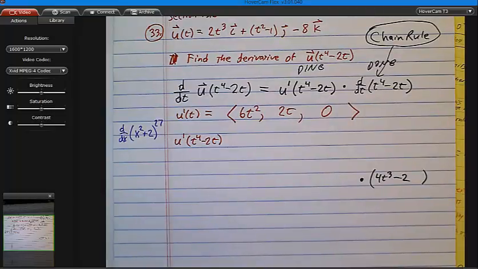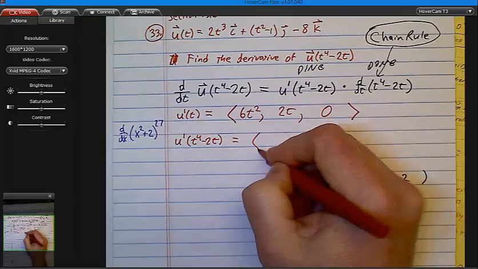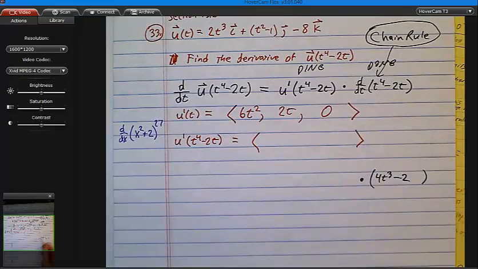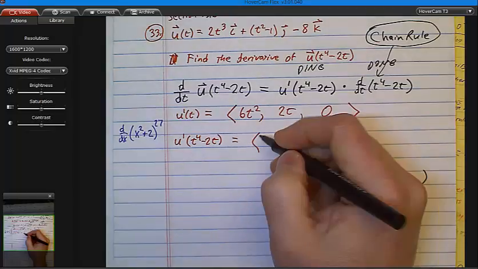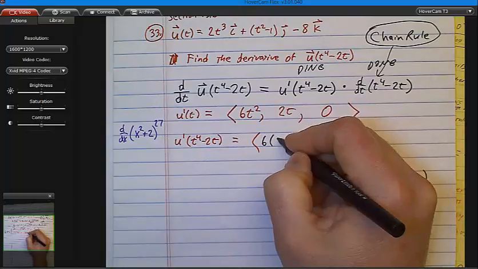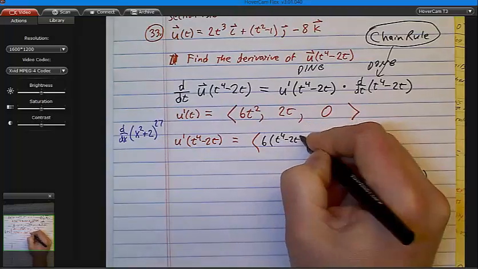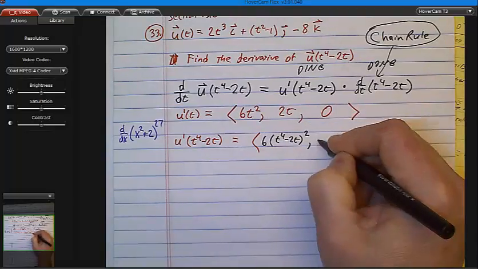And so next, when I take u prime of t to the 4th minus 2t, what that means is everywhere there used to be a t, you're going to write t to the 4th minus 2t, right?